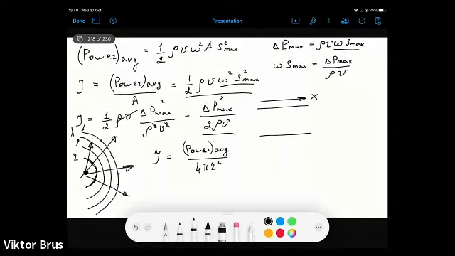So that's how we determine intensity if we know the average power of the point source at some distance r from the source. We need to divide by the area of the sphere surrounding the source at this given distance.